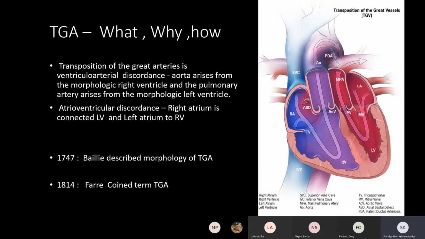Also, it can be associated with atrioventricular discordance, where the right atrium is connected to the left ventricle and the left atrium is connected to the right ventricle. So the pulmonary trunk is coming off the left ventricle, and the aortic trunk is coming off the right ventricle. So essentially, that is the congenitally corrected TGA.